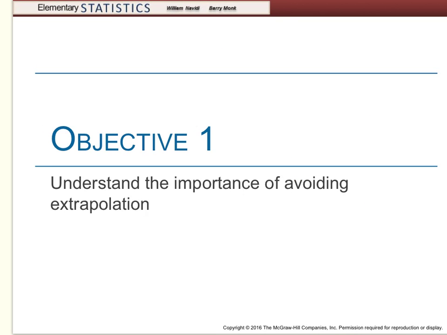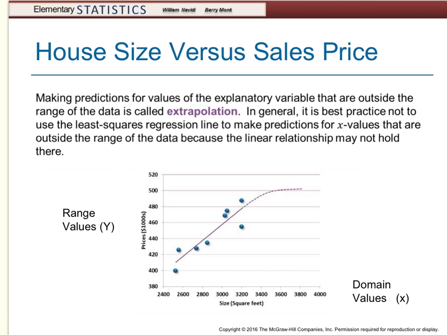Our first objective is to understand the importance of avoiding extrapolation. Although extrapolation is done a lot, in other words, sometimes we extrapolate when we don't have all of the information, making predictions for the value of an explanatory variable that are outside the range of the data, which is called extrapolation, is not always very practical to do.